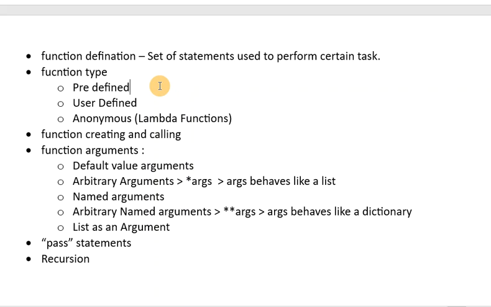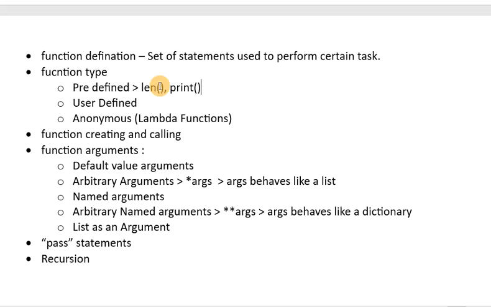Let me write some examples here. The len function is used to get the count of elements in a particular collection, like a list, set or dictionary. This is a predefined function. In the same way we have the print function, which we use to print anything on the terminal.